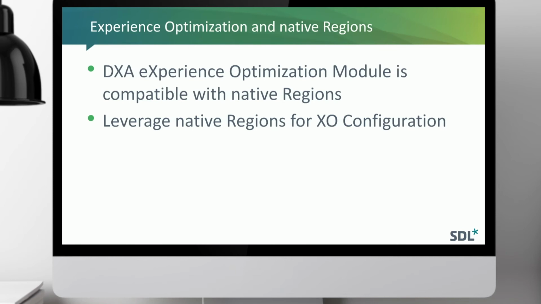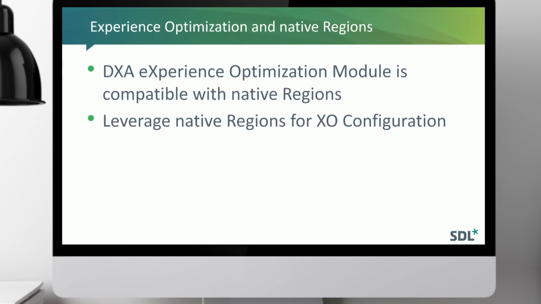But what we won't do yet is actually leverage the native regions in XO itself. And so in experience optimization, for a promotion, you can indicate which region it should trigger on. And that region is just an experience optimization configuration of which regions you have.